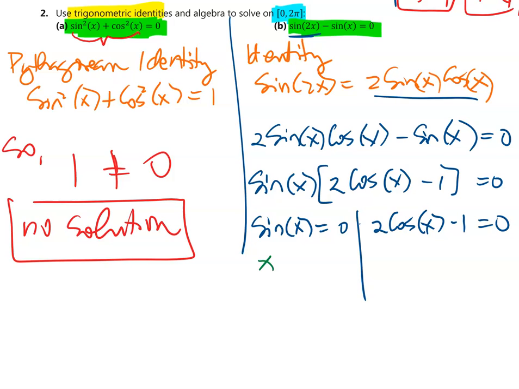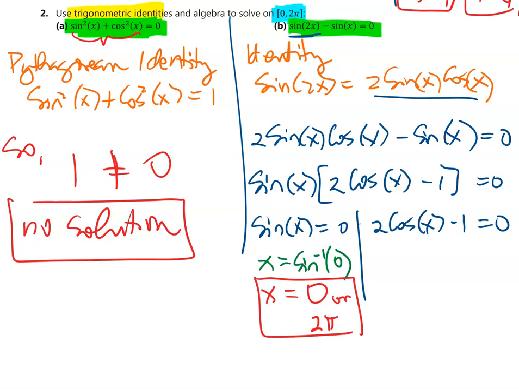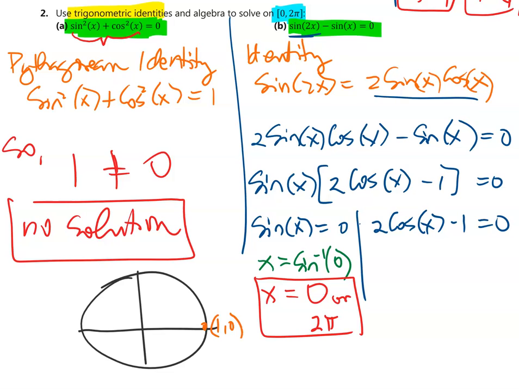So here we can solve for x, sine x, so that is inverse sine both sides, and inverse sine of 0 is equal to 0 or 2 pi. So just to recall, using a unit circle of 0, the coordinates here 1 and 0, sine here is at 0, this is at 0 and 2 pi.